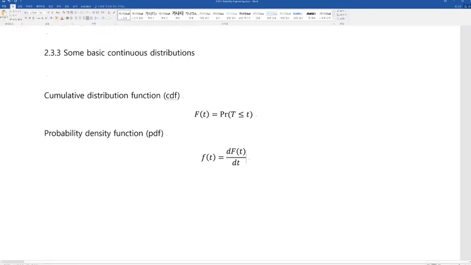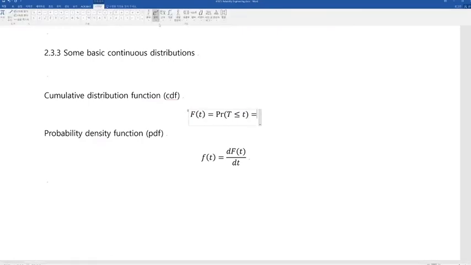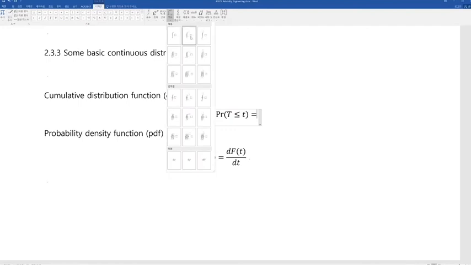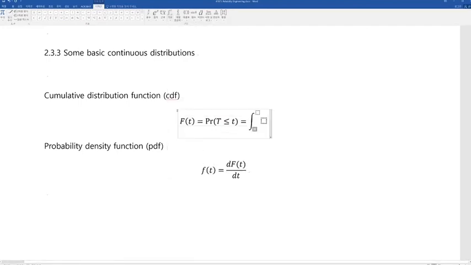So with this relation, of course, we are able to calculate the CDF as an integral. It depends on the time, on from which time point this function is defined.